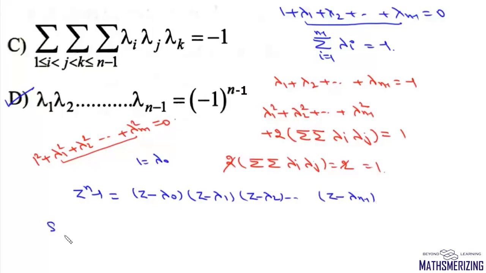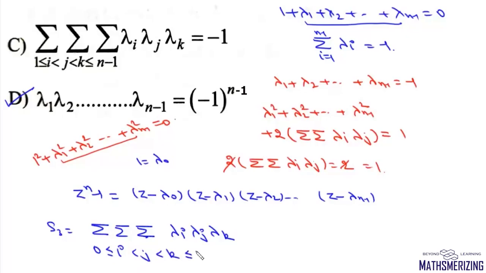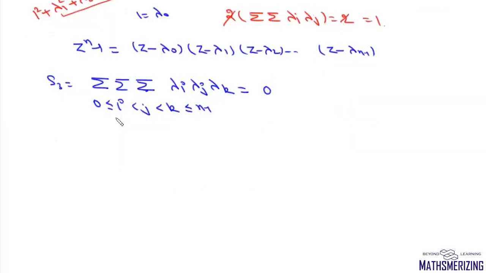Now if we find S3, and S3 is this triple summation lambda i into lambda j into lambda k, where i is greater than equal to 0 but less than j and less than k and less than equal to n minus 1, and S3 in this case will be simply 0. Now we can split this summation in 2 parts.